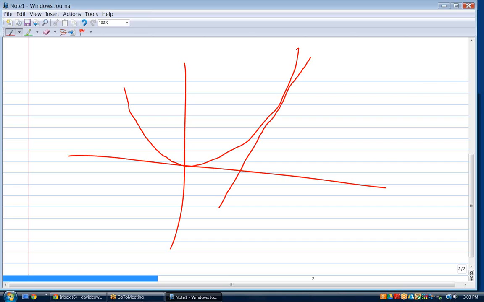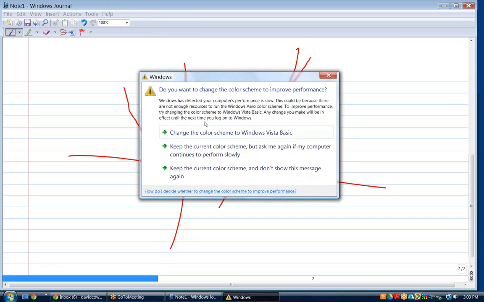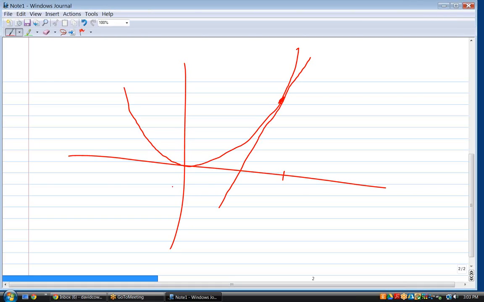What is the instantaneous rate of change of that function at that point right there? Notice that it changes as we go along this. In other words, the rate of change right there is different than it is up here. That's what differential calculus is all about, the rate of change of a function, or the slope of the tangent line. Same thing.